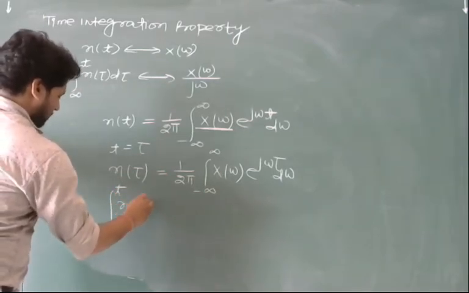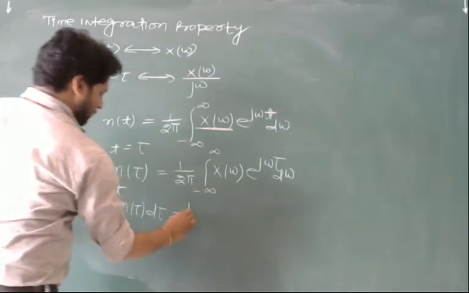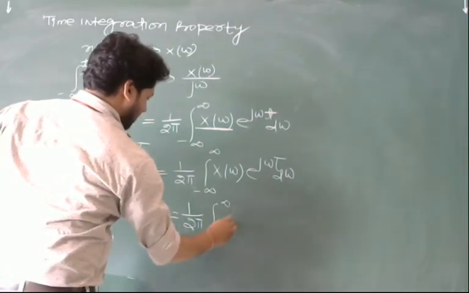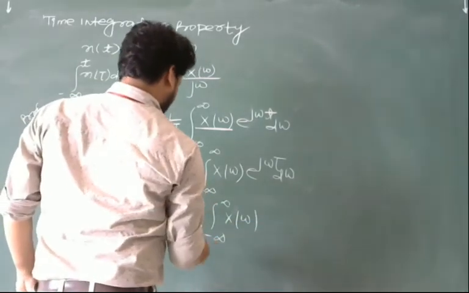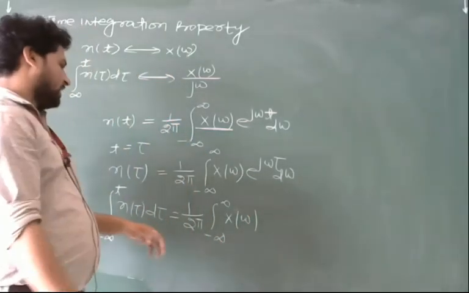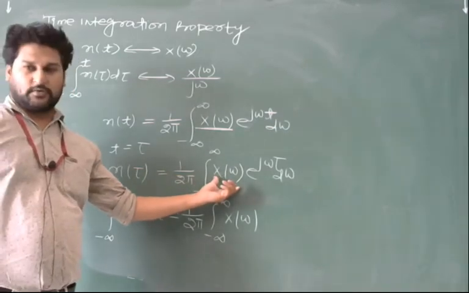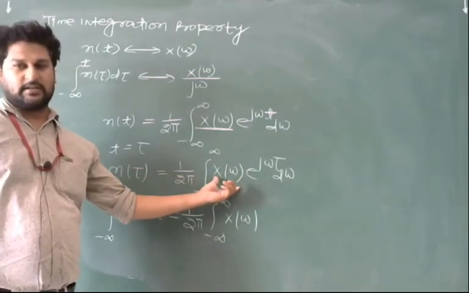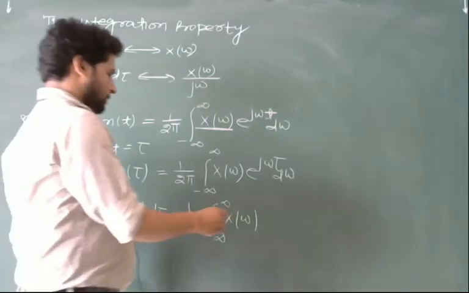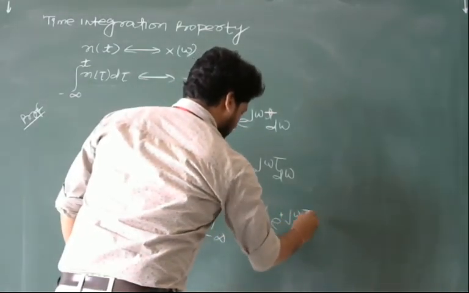Because we are integrating with respect to tau, the function X of omega here is a constant. So I will put this constant outside of the integration, and this will become the integration of e power j omega tau d tau.